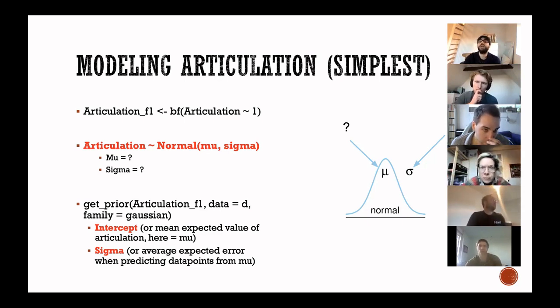That is, if we just use the mean to predict the vowel space area, the next measurement from a new participant, how big should we expect the error to be? It's the same thing as saying the standard deviation. It's just a different way, right? Mathematically, it's the same. Mean expected value, mean expected error.